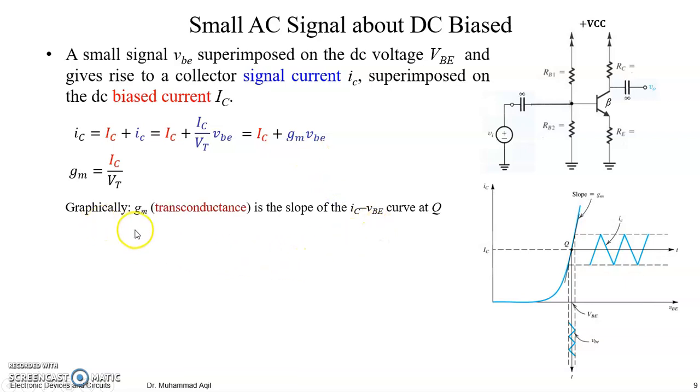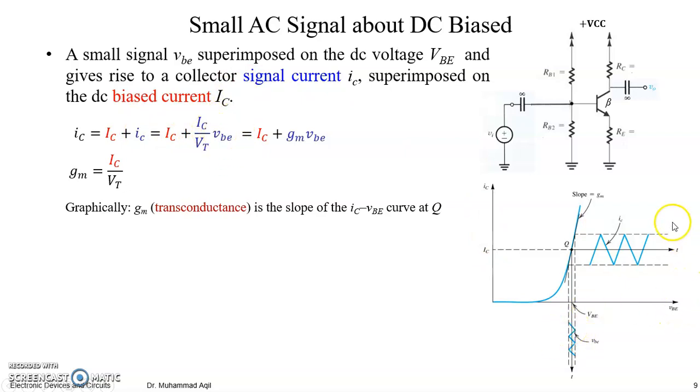So graphically, GM, which is the transconductance of the BJT, is the slope of the IC-VBE curve at the Q point, right? So for this input characteristics curve, you can also see this at the output, but currently we are having a relation of the collector current to the base-to-emitter voltage.